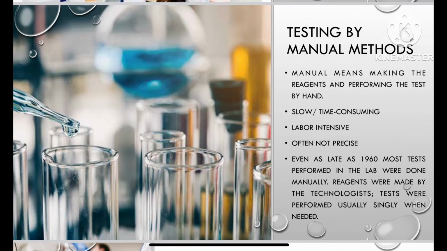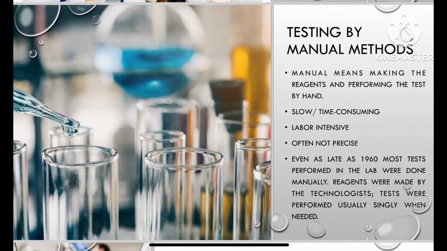Testing by manual methods. By the name itself, manual, it means that you're making the reagents and performing all the tests by your hand. This has been done a lot of times in the past, but as automation emerged, we know that testing by manual methods can be time consuming, slow, and labor intensive because you have to be preparing everything by hand.